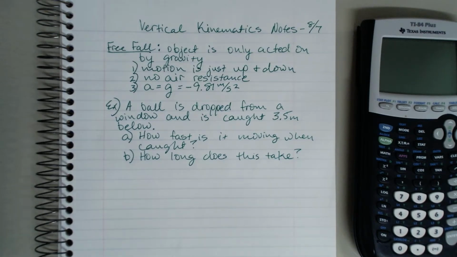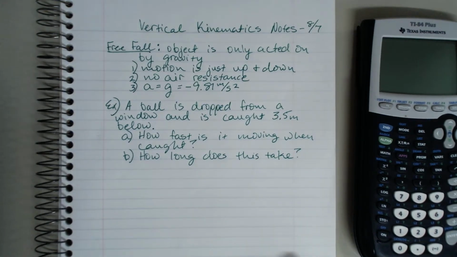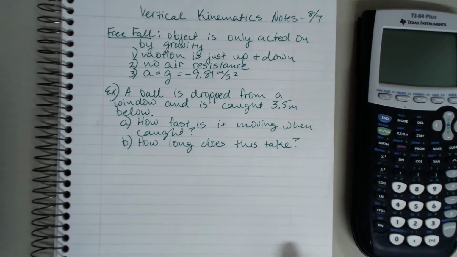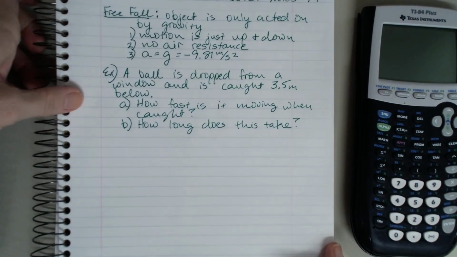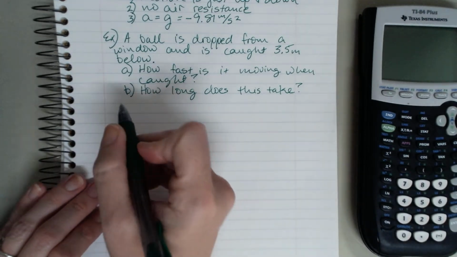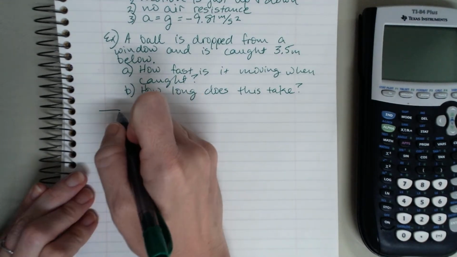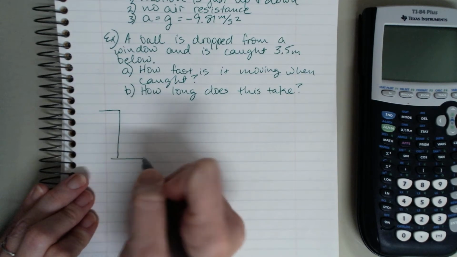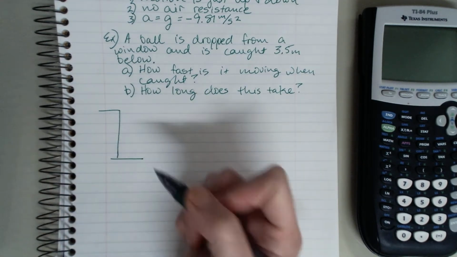Okay, so sometimes it's helpful to draw a picture. Okay, so if we're going to draw a picture, let's see. So I've got, here's my tower, and here's the ground below or wherever it's being caught, okay?